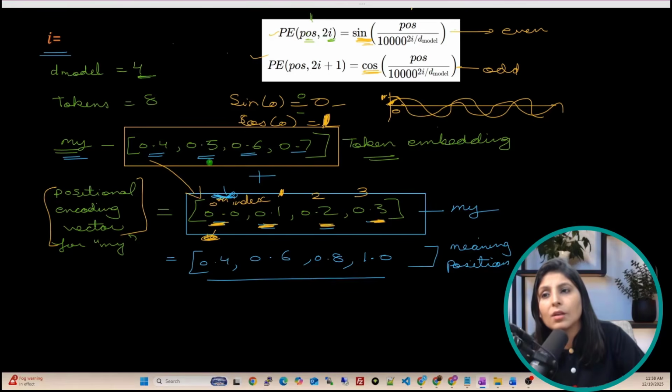Means this will get added with this, and this will be added to this, and this will be added to this. And after that you will get a final vector which will have the information about the token meaning, and which will have the information about the position of that token. And now your input is ready, and now you can give that input to the transformer. And in my next lecture we will see how the transformer will work on it, how the transformer will learn the things.